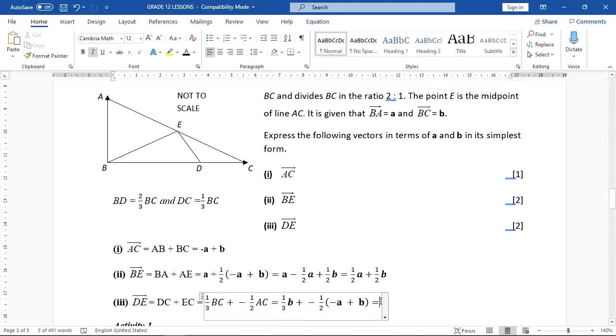This is going to be positive now, with positive A plus positive half A and then negative half B. Just going to copy this and change it to a B.